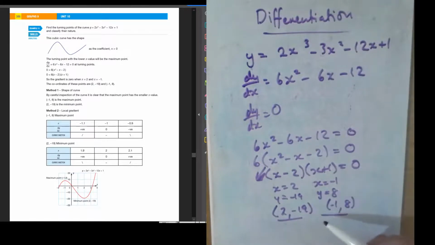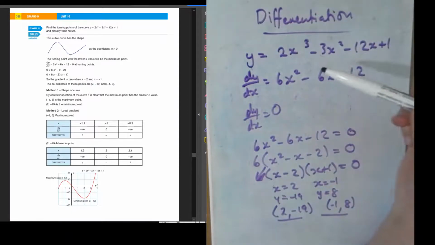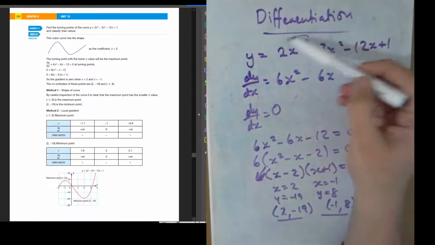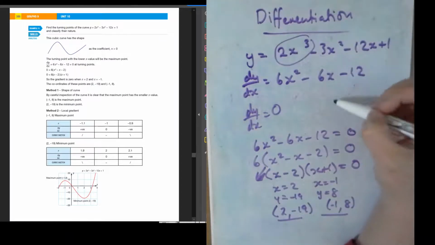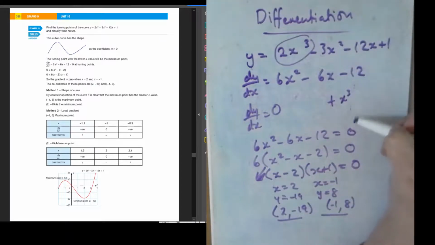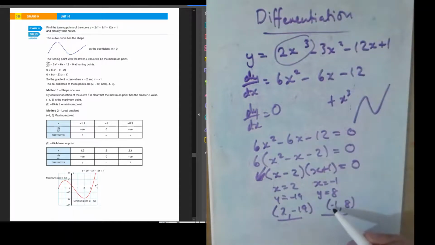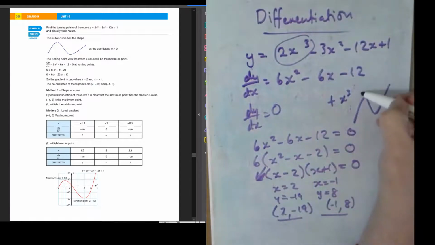Okay, so we've got (2, −19) and (−1, 8). So I just need to know the nature of these turning points. From up here, I can see this is a positive cubic, meaning I'm expecting this type of graph. When I'm expecting this type of graph, you can literally just go which one belongs here and which one belongs there. This is a negative 1, that's a 2. So this would be my (−1, 8).